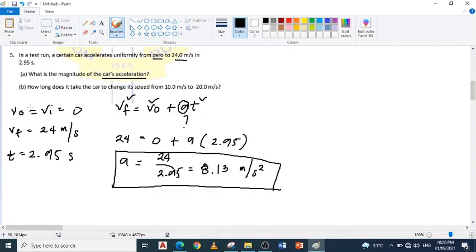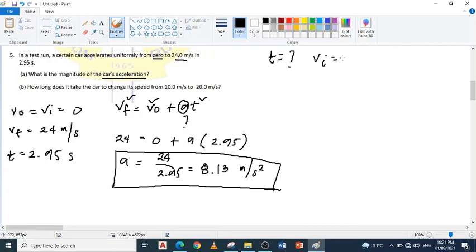And then for letter B, how long does it take the car to change its speed from 10 meters per second to 20 meters per second? So when they say time, that is what is being asked.